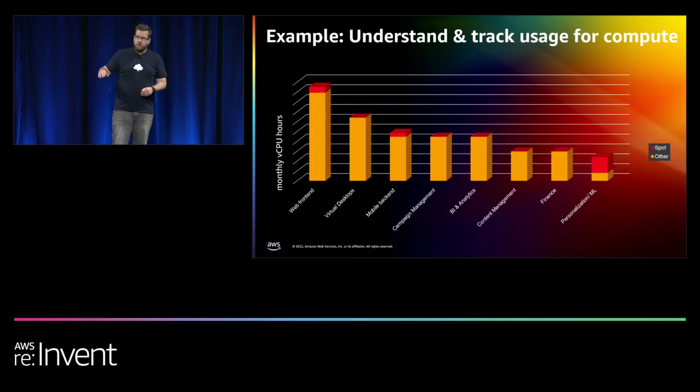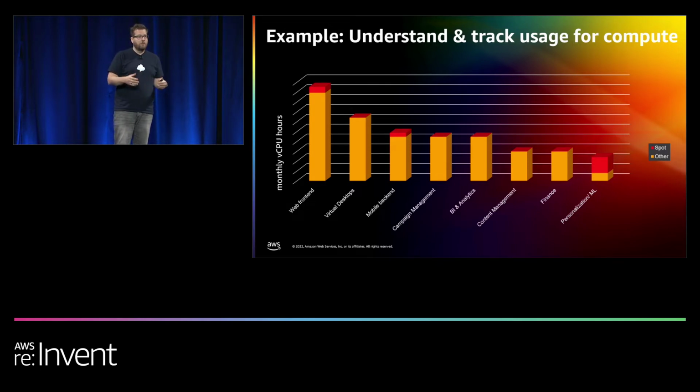The selection for the unit here, for this unit on the y-axis, is important. I see sometimes customers are using instance count or instance hours to compare applications, but this is not a good metric to compare. Some applications might run several or many small instances just for a few minutes.